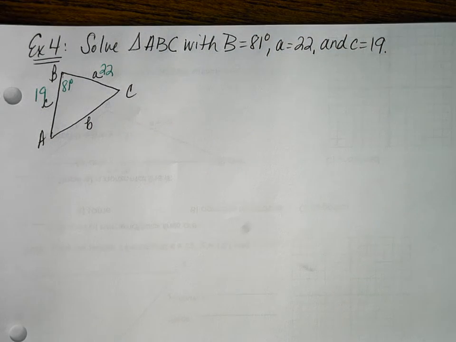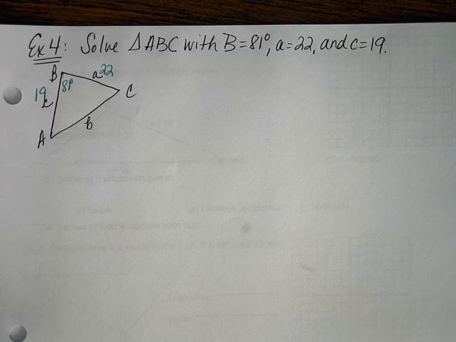All right, what are you thinking next? Brandon, what are you thinking? All right, what scenario are we in here? What situation did they give me? Side, angle, side. Very nice.